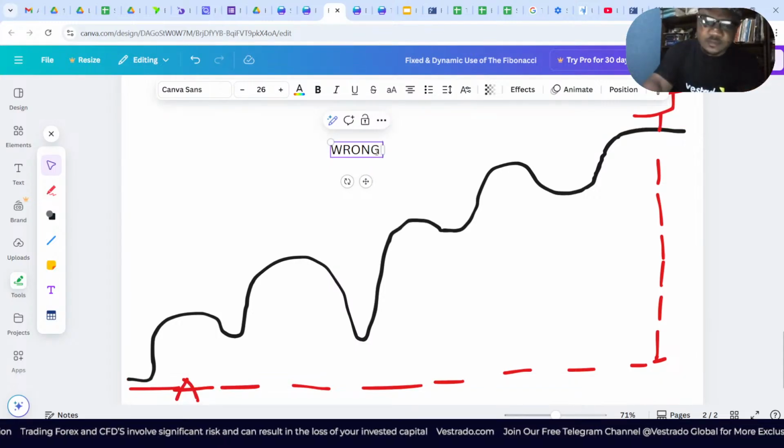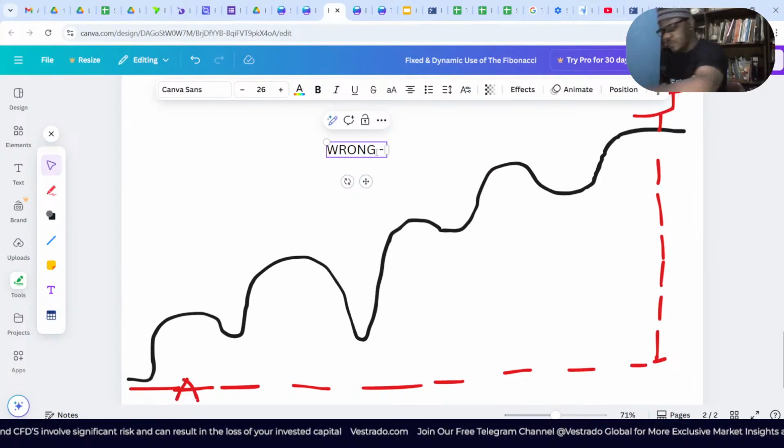Wrong in that it's been found to be not so effective.